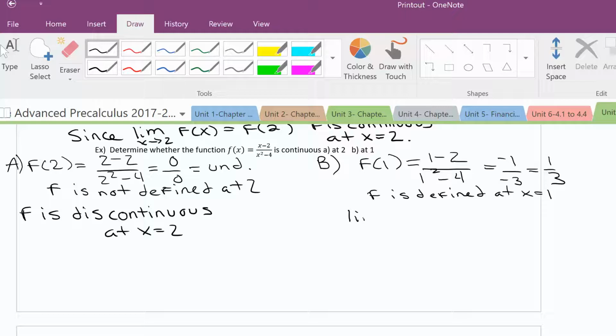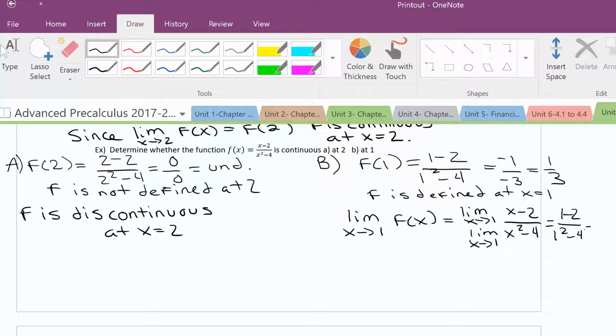Now we have to determine what the limit is as x approaches 1 of the function, which is going to be the same as the limit as x approaches 1 of x minus 2 over the limit as x approaches 1 of x squared minus 4. So 1 minus 2 over 1 squared minus 4. Negative 1 over negative 3 is 1/3.